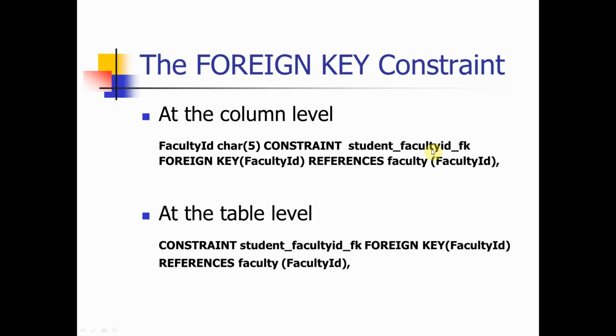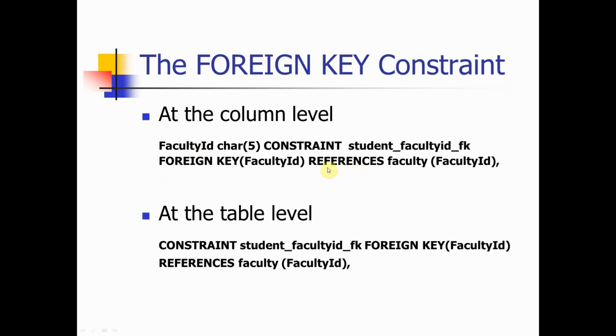And remember, this is only the name. The instruction given to the computer is as follows. For the computer to understand that you want to create a foreign key, you have to give the reserved words foreign key with parentheses indicating which attribute you want to use to create a foreign key.